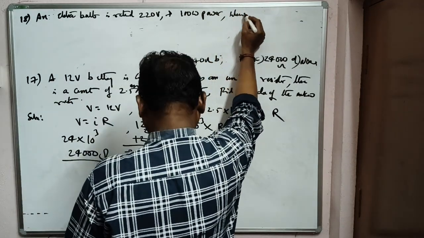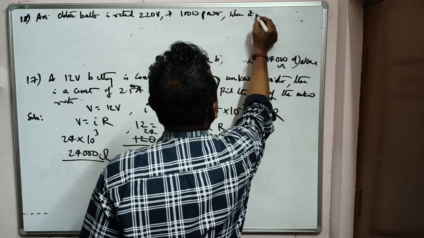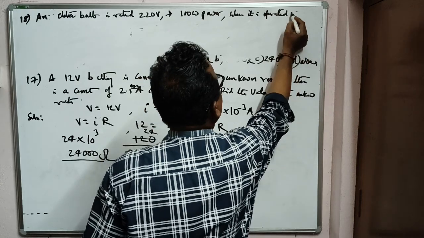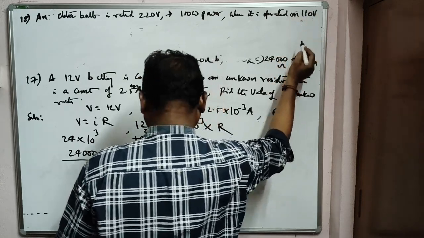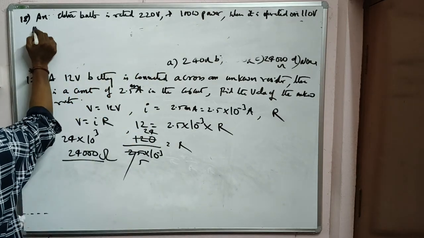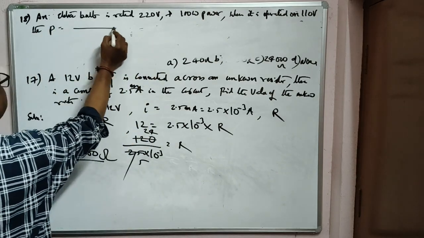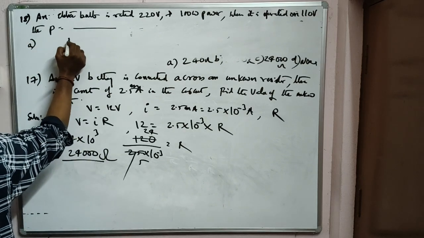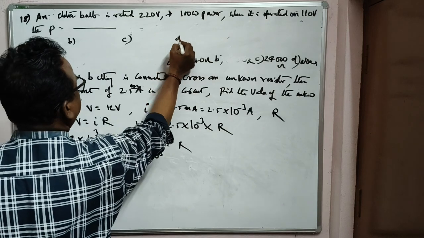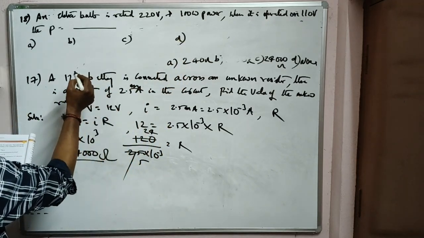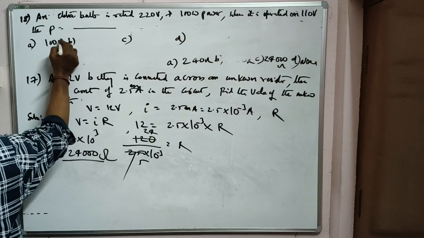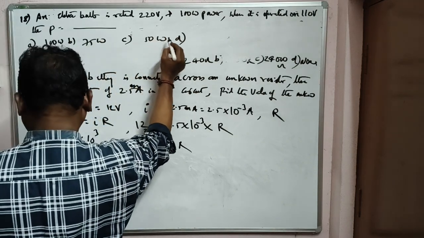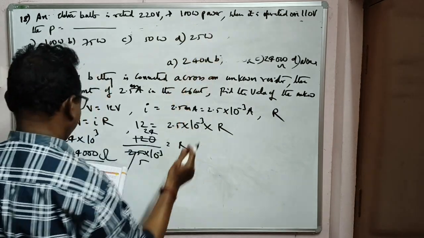Now, when it is operated on 110 volts, the power will be dash. Some answers are also given: A, B, C, D. He has given 100 watts, 75 watts, 50 watts, 25 watts.